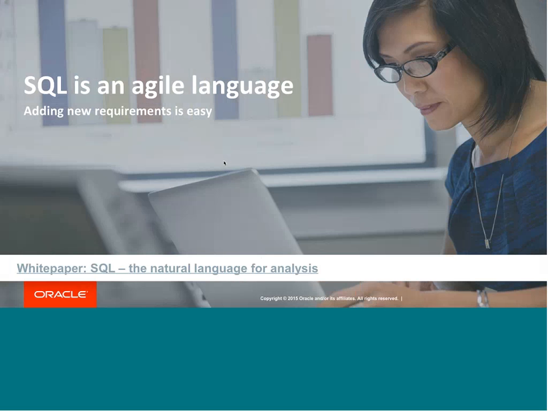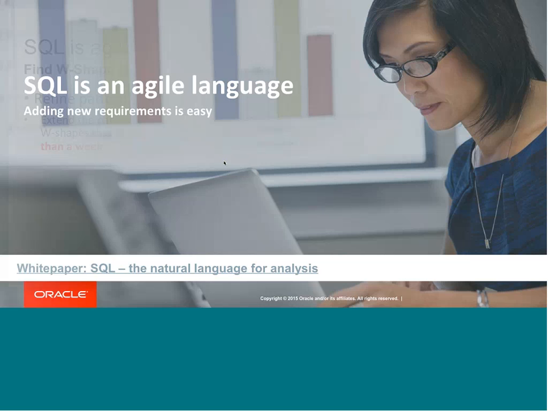And we have a white paper that I've linked on here where we've explained that, given where we are today with all this Internet of Things and big data, there has been a movement away from SQL. Everybody's now coming back to SQL as the language for data analysis. And there are very good fundamental reasons why SQL is still relevant today, and one of them is this agility, this ability to take a use case and extend it like this one.